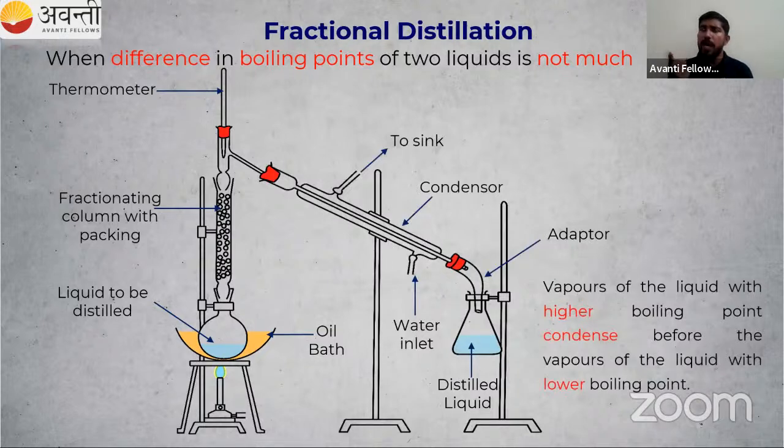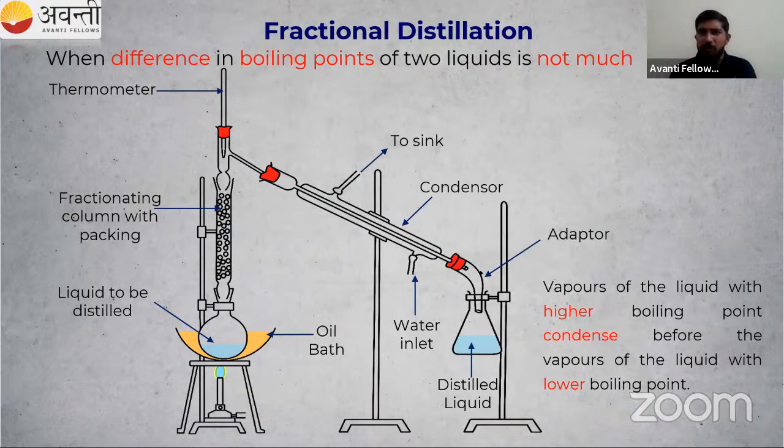One has high boiling point, one has low boiling point. So vapors of the liquid with higher boiling point condense before the vapors of the liquid with lower boiling point. So we can separate them because of the presence of the fractionating column. The point is the difference in boiling point is not that much. So that is about fractional distillation.